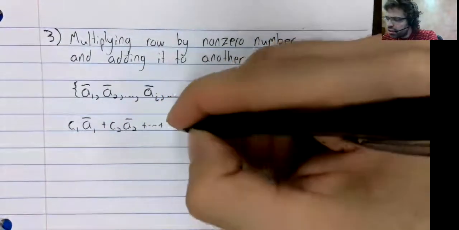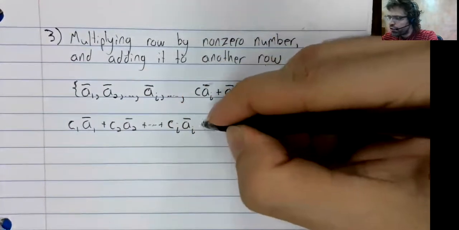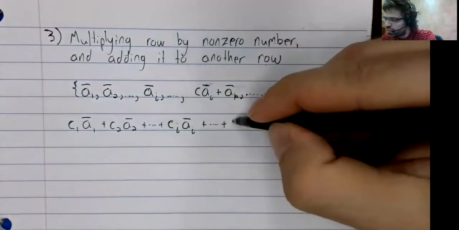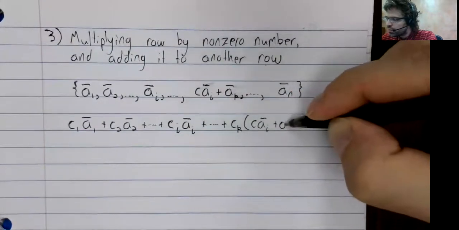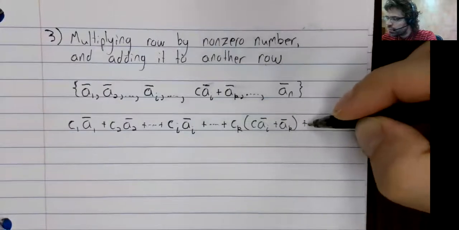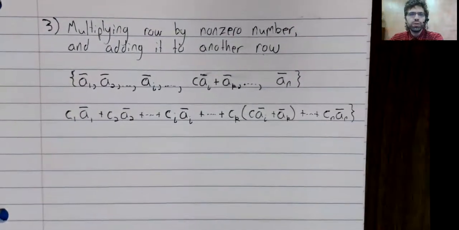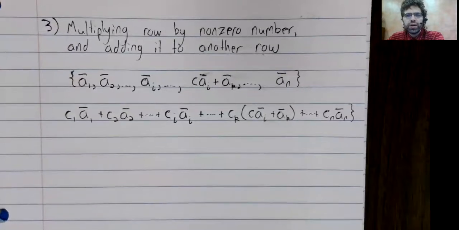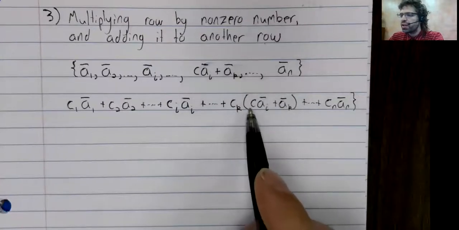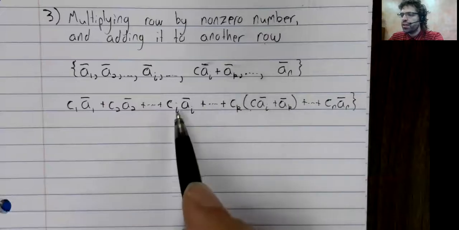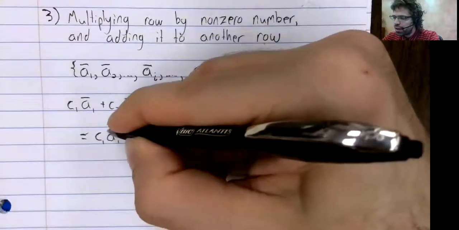Well, each of these vectors gets an arbitrary real number in front of it. Like so. And now if we multiply and combine like terms, this will give us a C sub k times C times A sub I. We have a C sub I, A sub I. We can combine those.